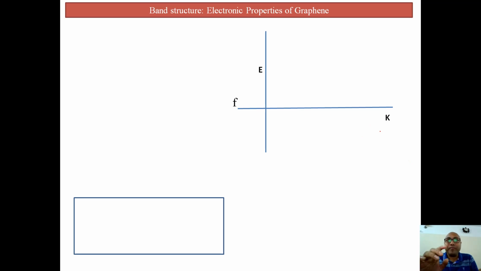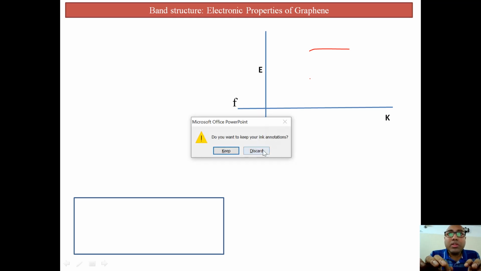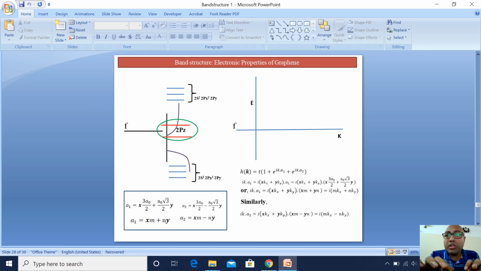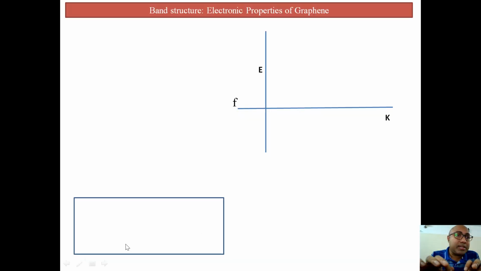Now the question is, it is always having a doublet, correct? So suppose I write a few things here.